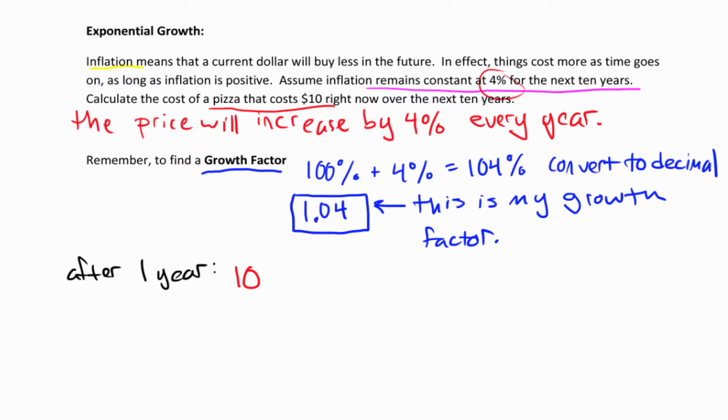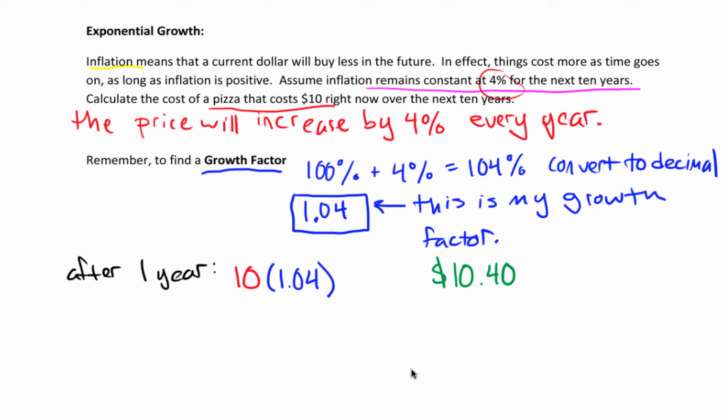Now to figure out the new price after 1 year, I'm going to multiply that by the growth factor. And the result of that is, let's see, 10 times 1.04 is $10.40. So the new price is $10.40.